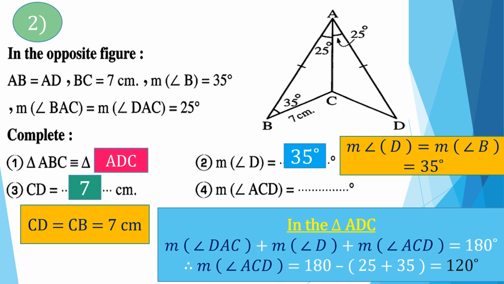In the triangle ADC, measure of angle DAC plus measure of angle D plus measure of angle ACD equals 180 degrees. The sum of all measures of the triangle equals 180. Then measure of angle ACD equals 180 minus 25 plus 35, equals 120 degrees.